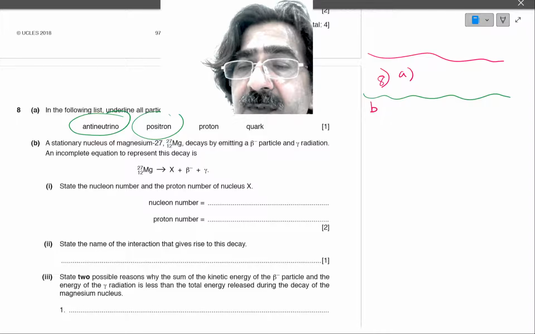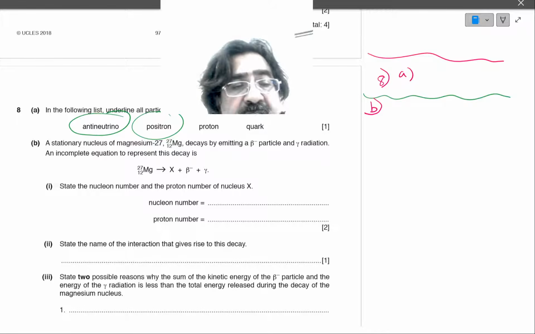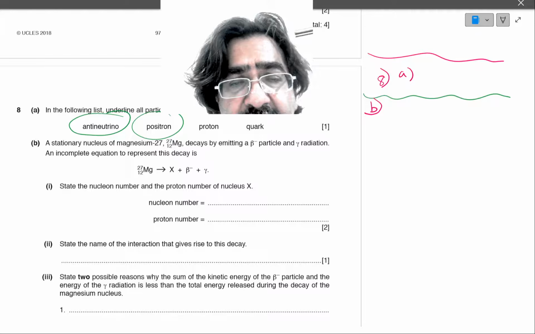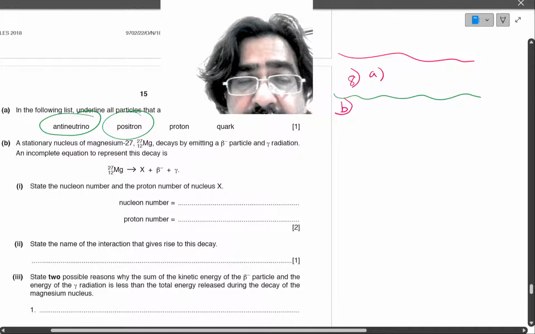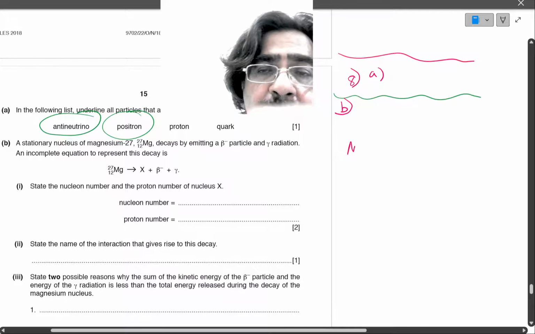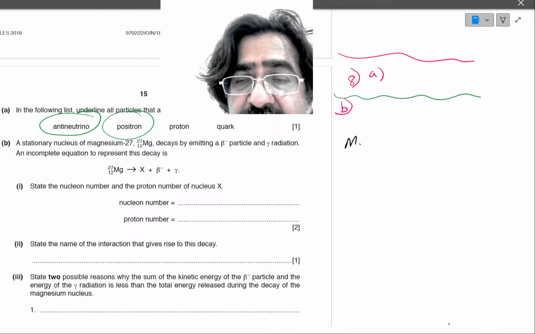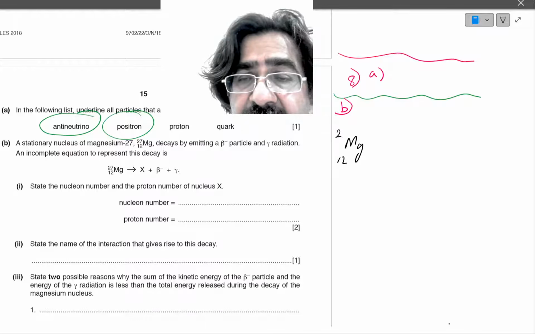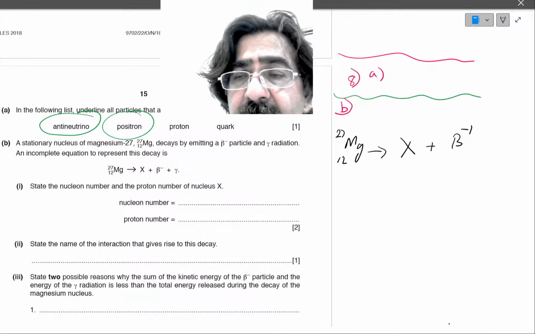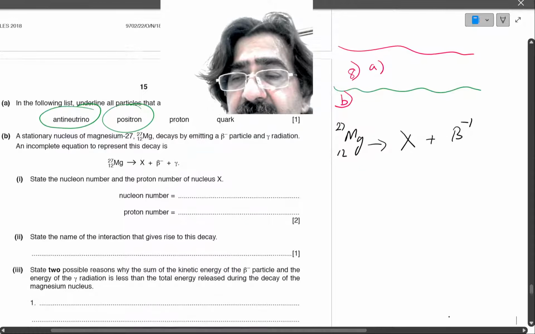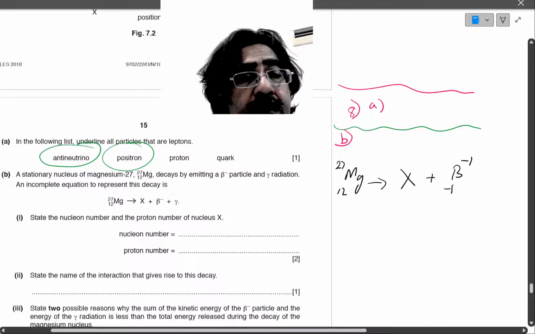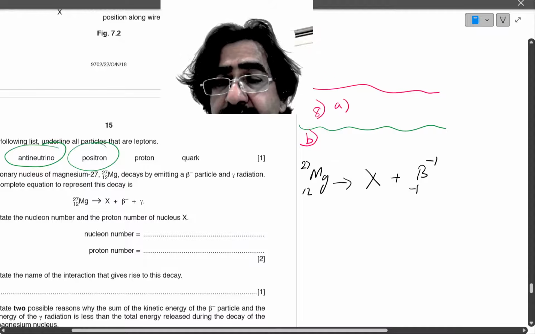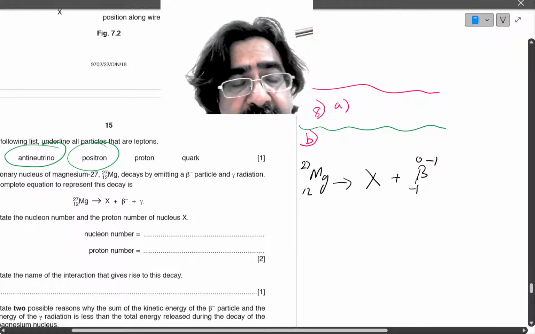The stationary nucleus of Mg 12 27 decays, X beta minus, so they have a minus atomic number, plus zero plus antineutrino.